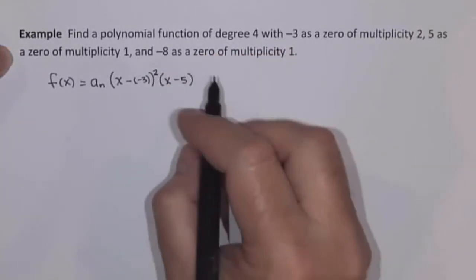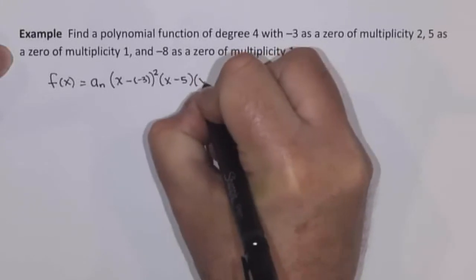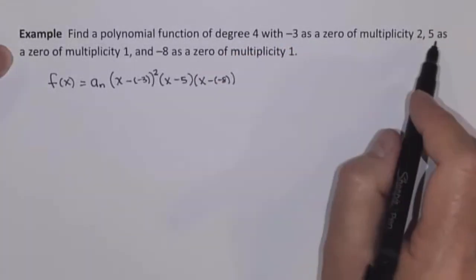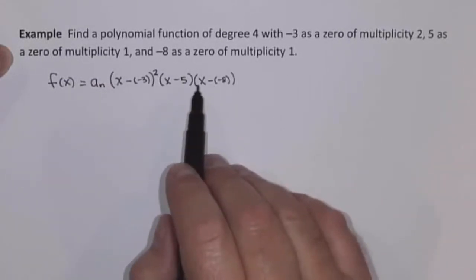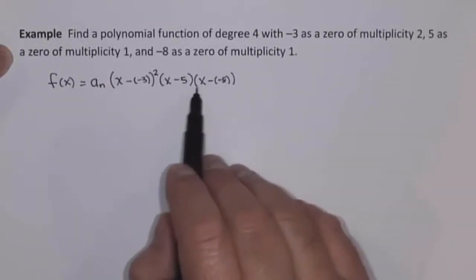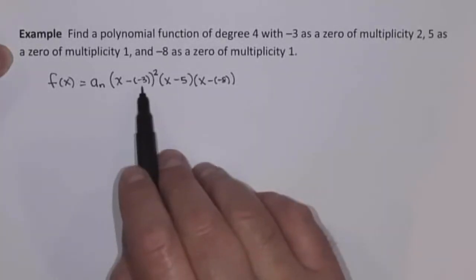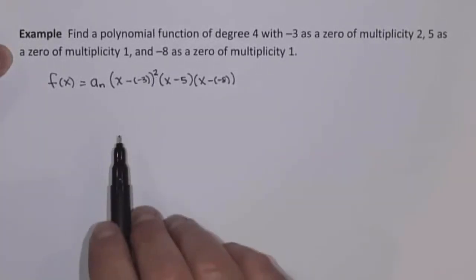And negative 8 as a 0 of multiplicity of 1, so that's going to be x minus negative 8. Now again, both 5 and negative 8 are zeros with multiplicity of 1, so we just get one factor each of those. But the negative 3, we get two factors involving that.